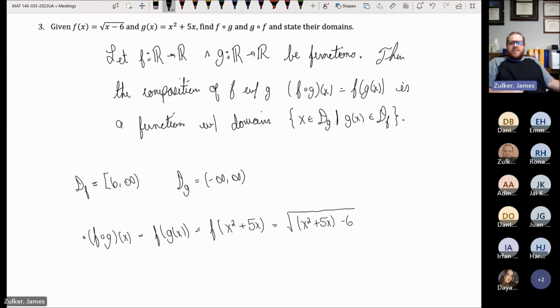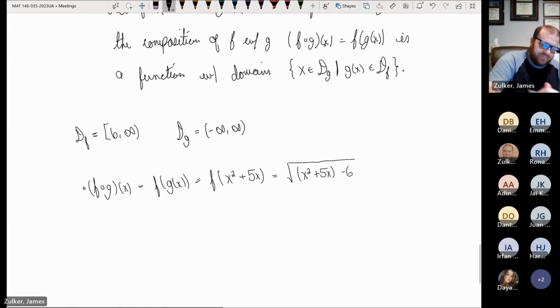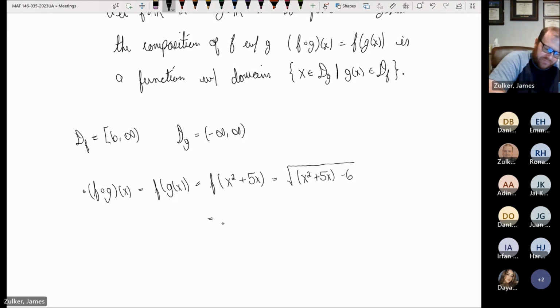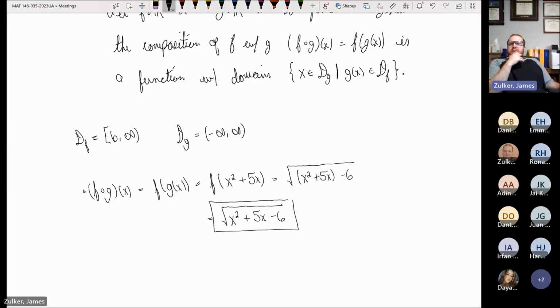Everywhere we see an x in the definition for f, we're going to replace it with x squared plus 5x. So that would be our expression for f composite with g.